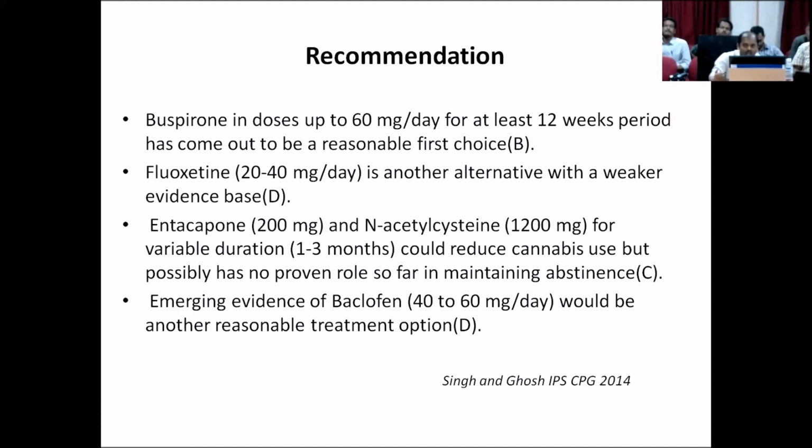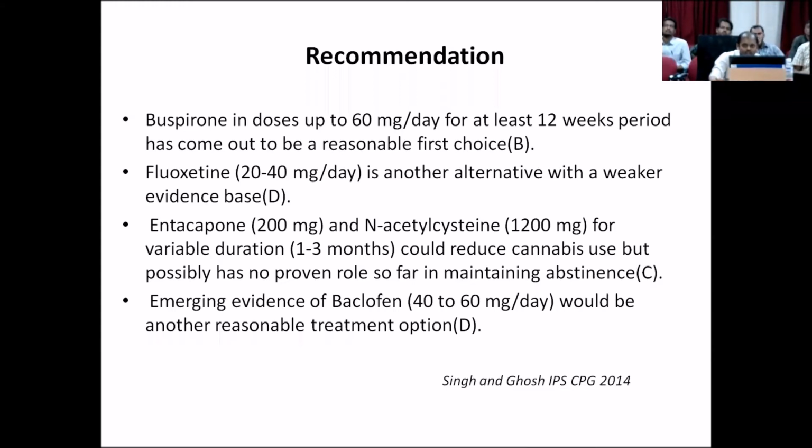It has been seen that the highest grade of evidence is for buspirone. Fluoxetine and entacapone have also been advocated. Baclofen, though we are using it in many centers including ours, is also a treatment option.